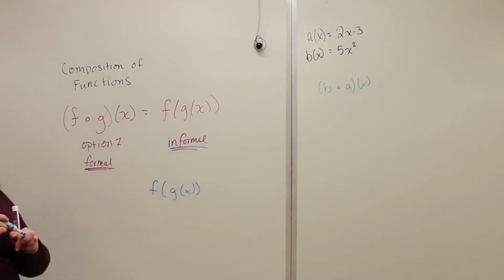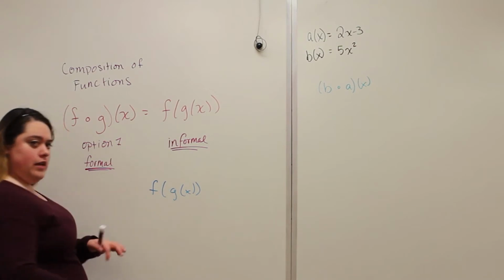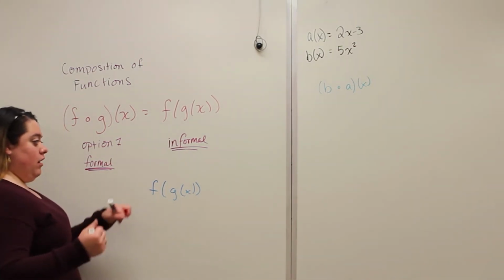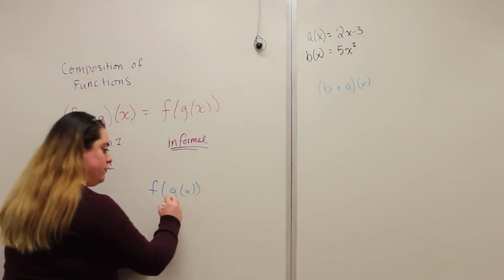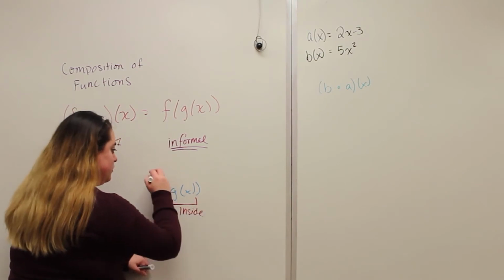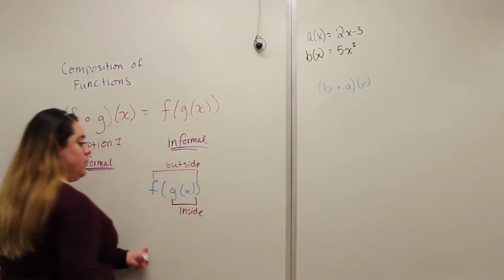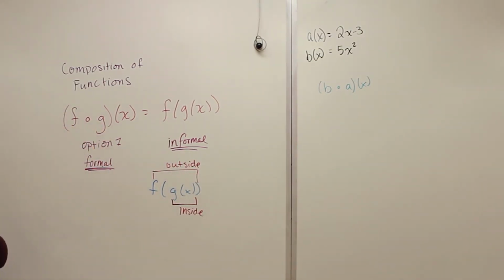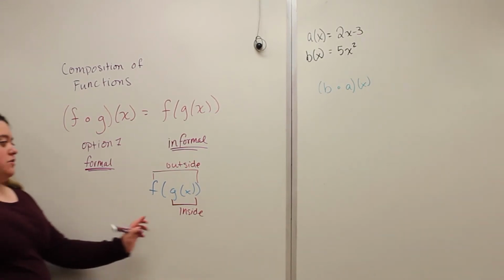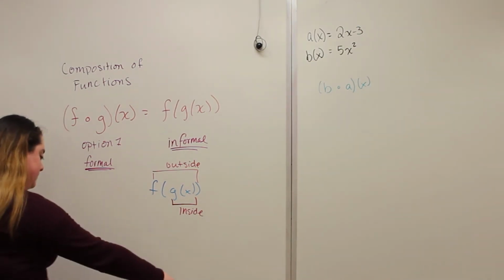Unlike our other functions where we go just from left to right in our operations, on composition we go from the inside to the outside. So we work inwards then outwards. So if we have f of g of a value, then we're going to do the inside first and the outside. That's the typical way of putting it.